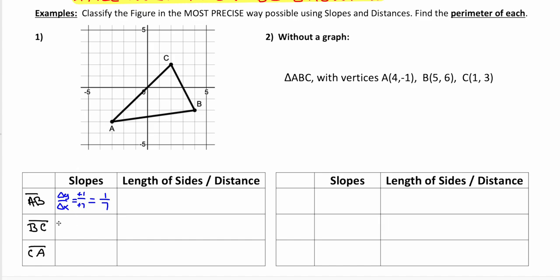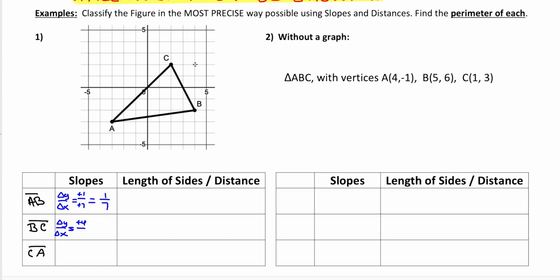I'll do the same for segment BC, so change in y over change in x from B to C. From B to C, my change in y is going to go up, 1, 2, 3, 4, so a positive 4, over my change in x.